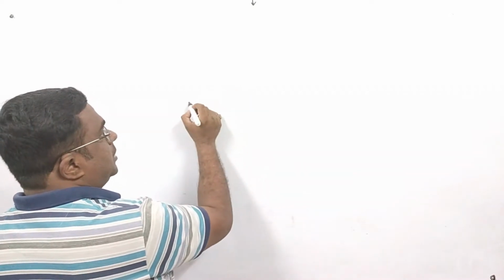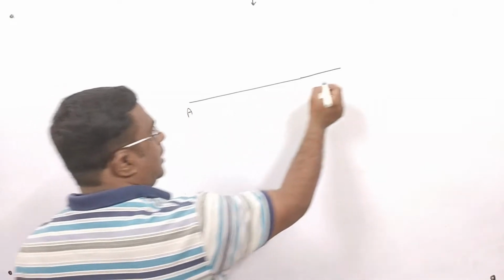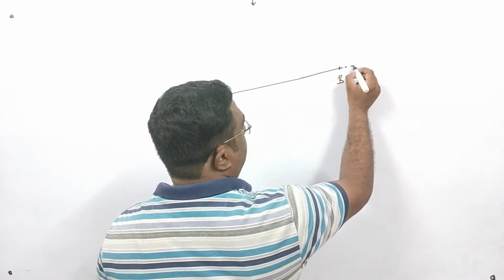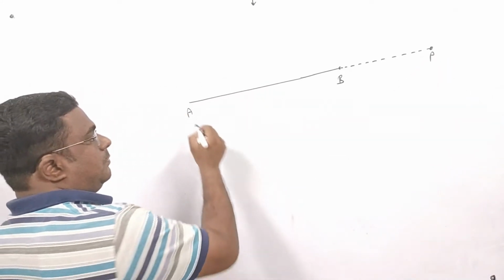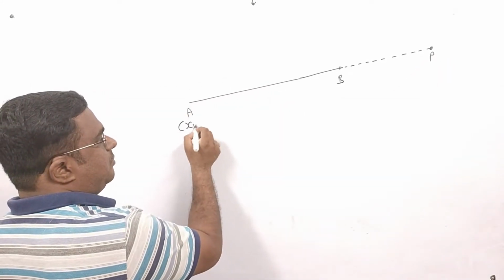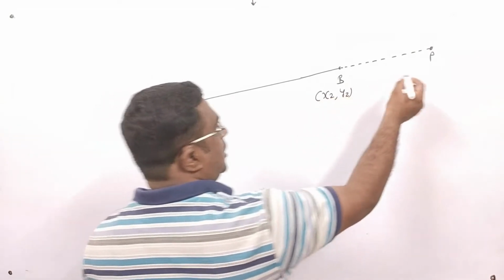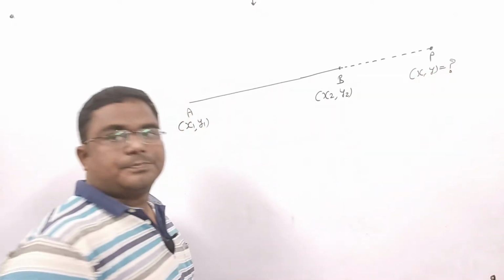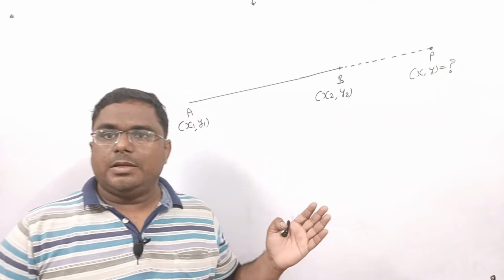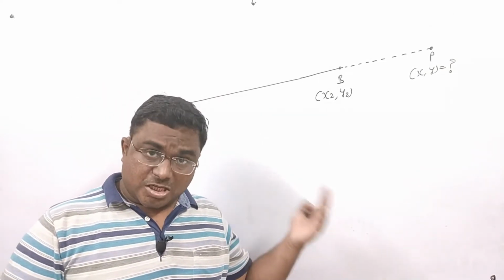Let us draw the figure once again. Suppose it is line segment AB and I have produced the line segment AB up to a point P. The coordinates of A are x1, y1, coordinates of B are x2, y2, and coordinates of P are x, y, which we have to find out. As you can see in this figure, point P is dividing the line segment AB in external ratio.